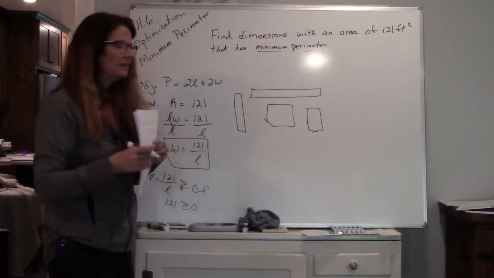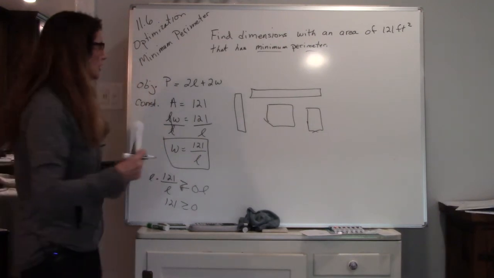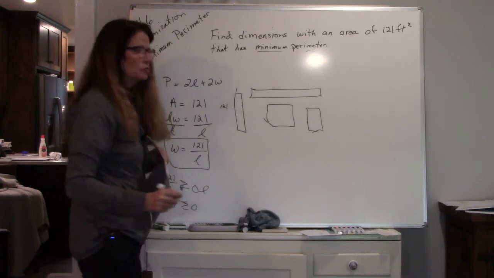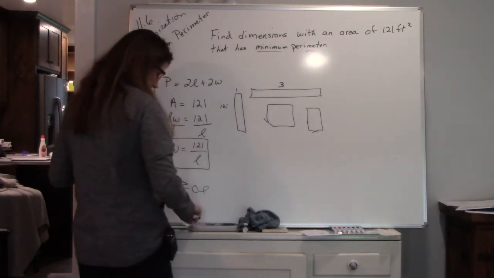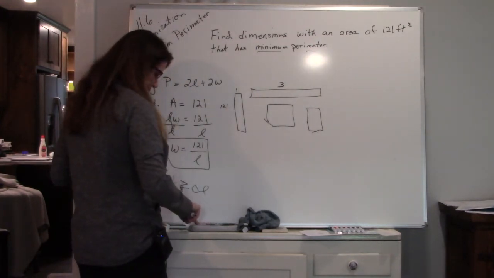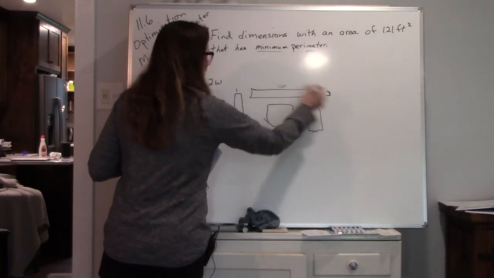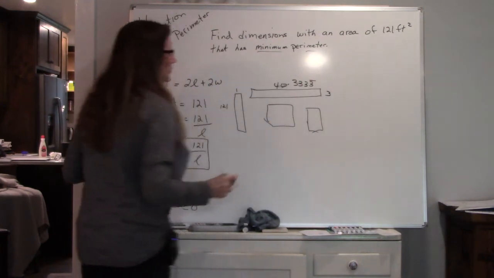So there's no real set amount, because I could have 1 times 121. That gives me 121 squared. I can have 3 times 40.3333, and it keeps on going.